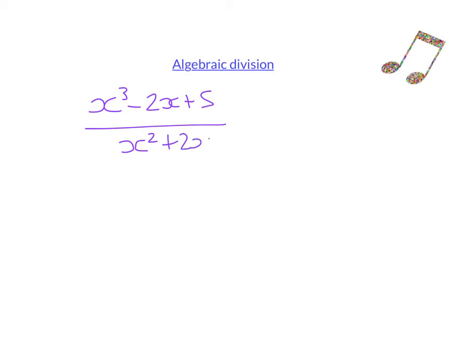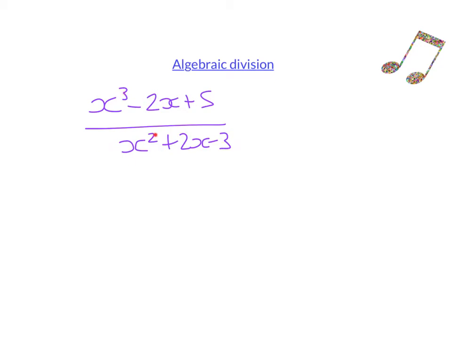Okay, so we're going to take a polynomial, x cubed minus 2x plus 5, and we're going to divide it by x squared plus 2x minus 3. Now this would be considered top heavy or improper because the order of the top expression is higher than the order of the bottom polynomial.